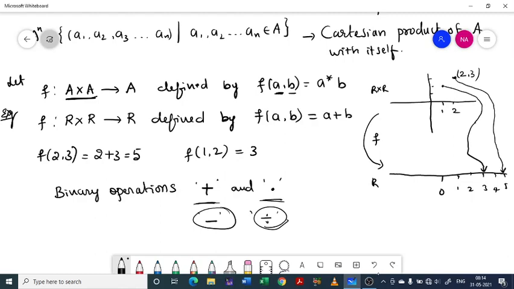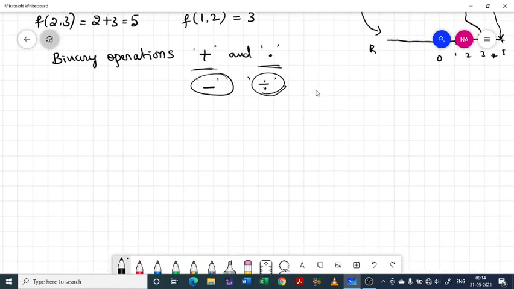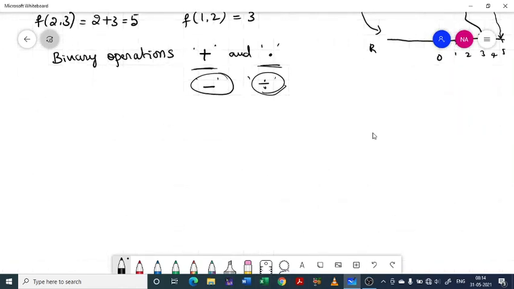In that sense, one most important property of operations is the closure property. Usually we say closure law, and this is also called the law of well-definedness.